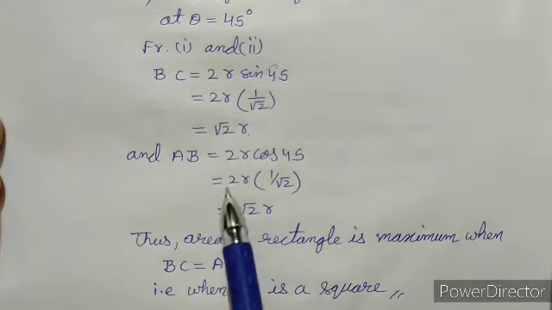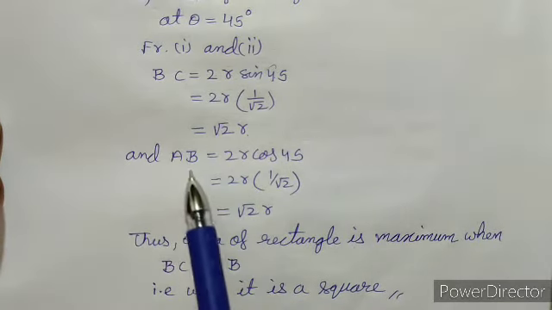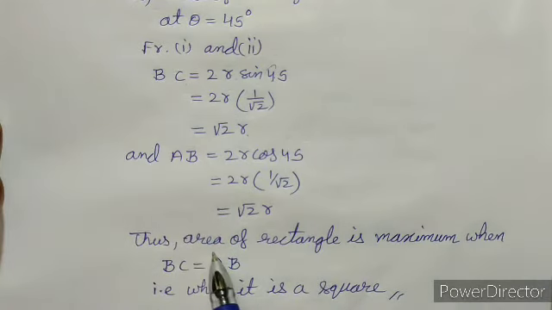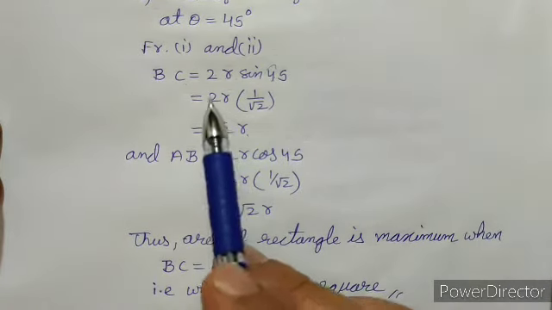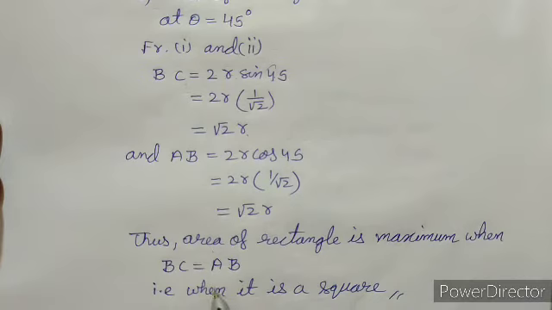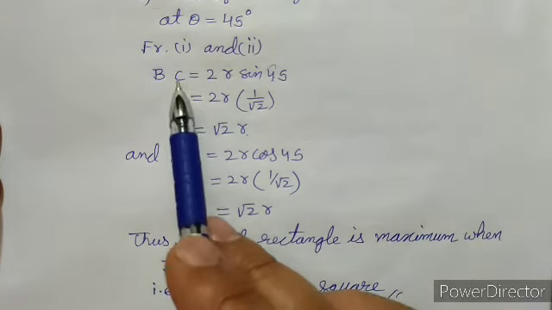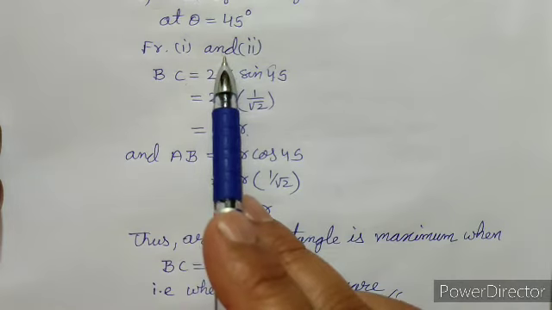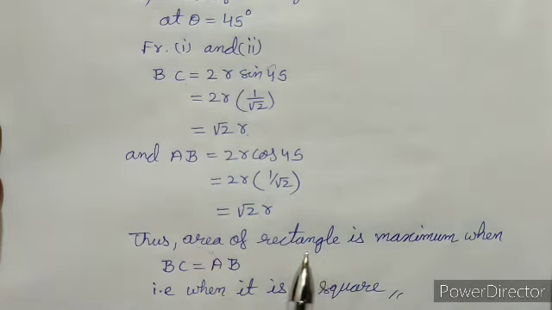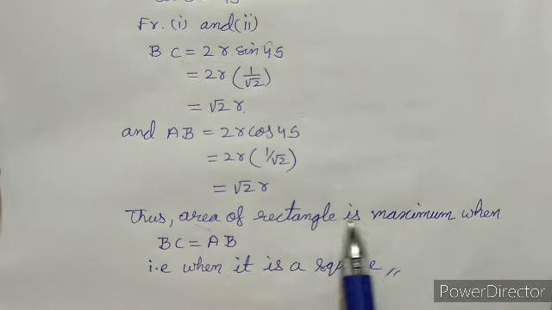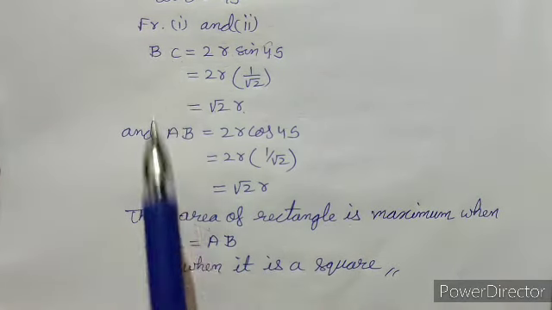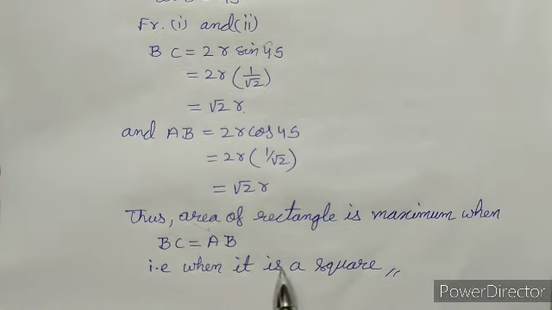As we see here, AB and BC are equal. That means that this ABCD is a square when the area of the rectangle is maximum. Thus the area of the rectangle is maximum when AB is equal to BC, that is, when it is a square.